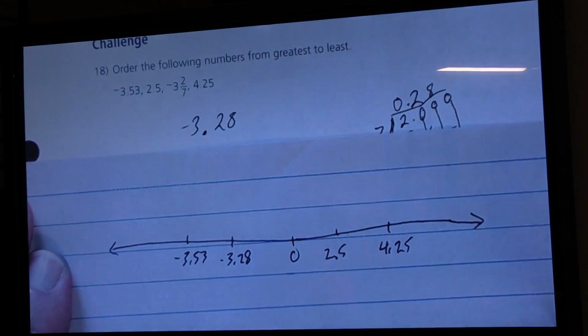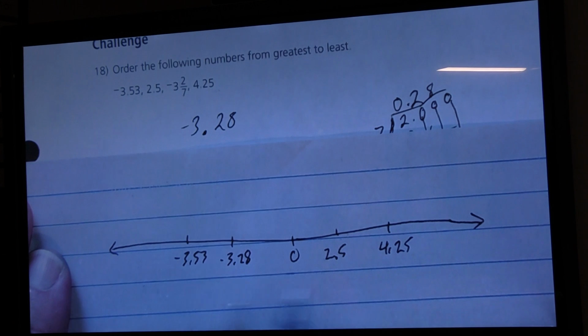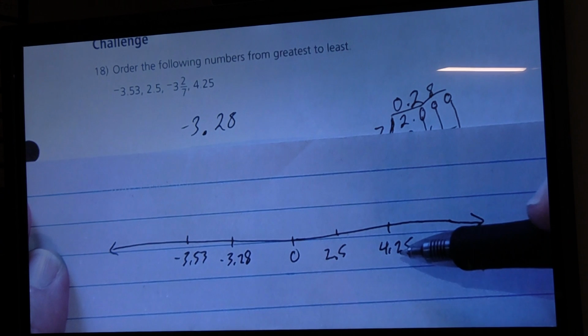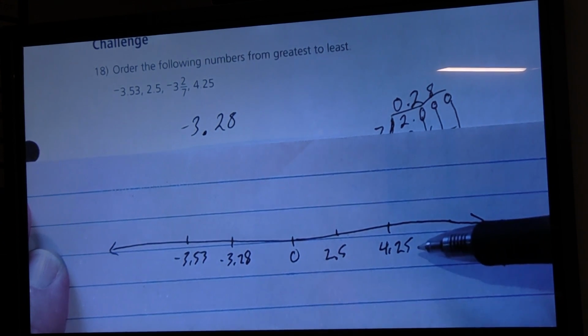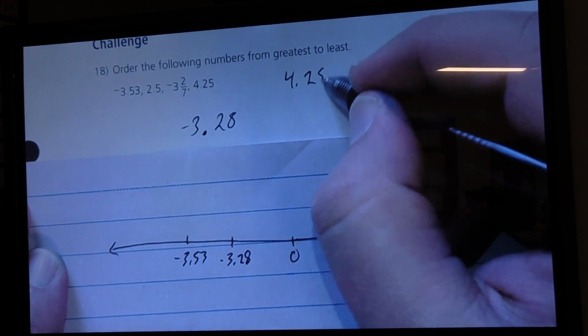Now, I have ordered my numbers according to the number line. But if I'm reading from left to right, this is the least value. So I cannot just say, look at my number line and I've got them ordered. I have to actually order them from greatest to least. According to my number line, the value that's farthest to the right is 4 and 25 hundredths.